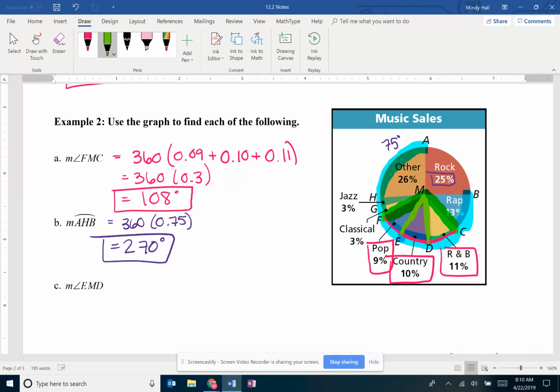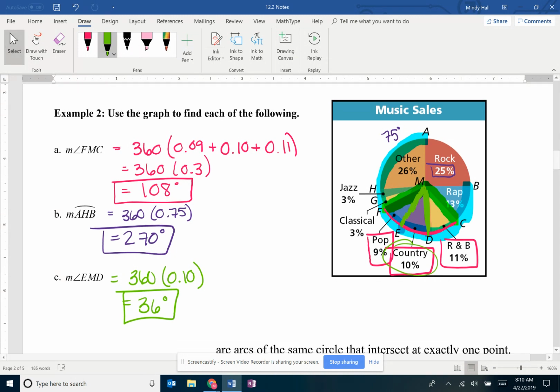So looking at that, it is country, which is 10%. So we would have 360 times 10%, which would give us 36 degrees. And again, that's just for the central angle there with that arc. Okay.